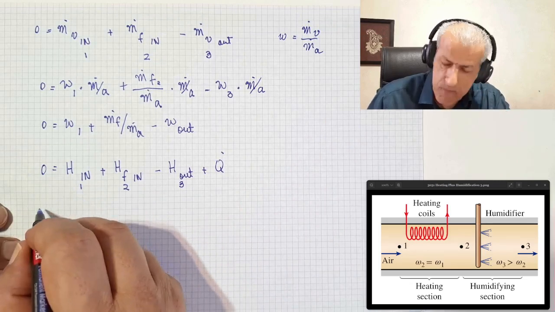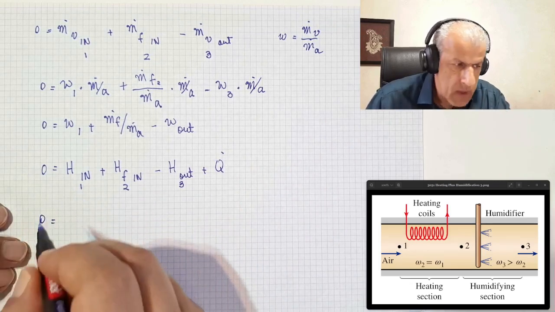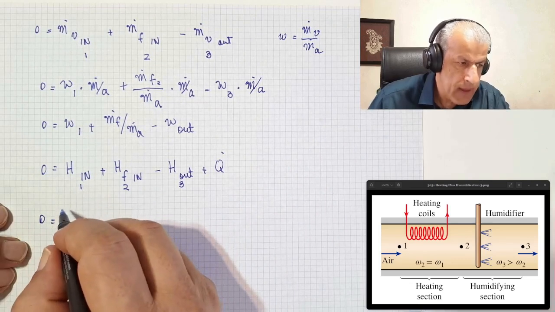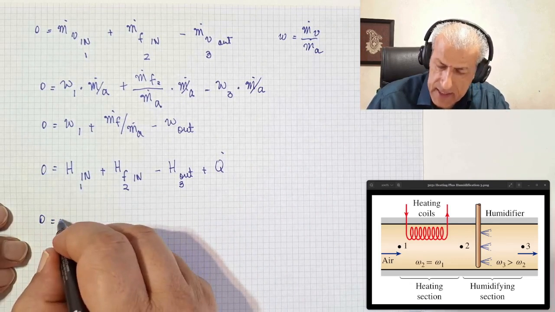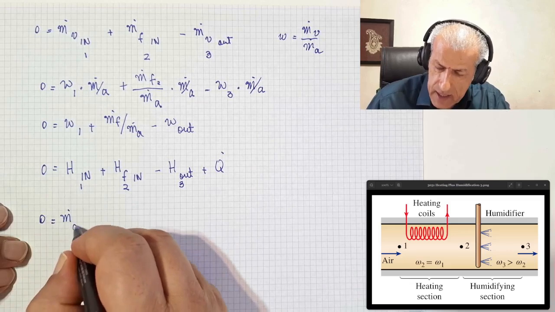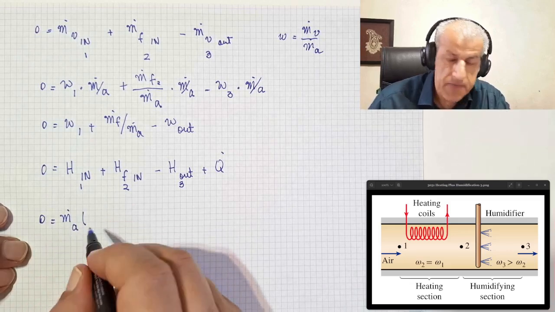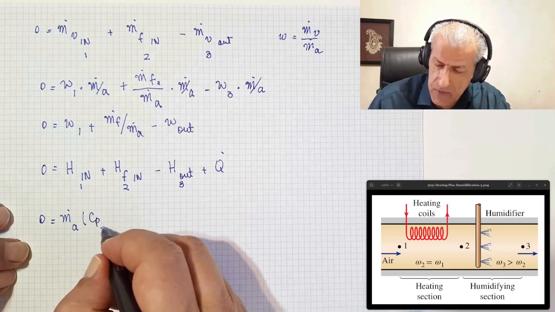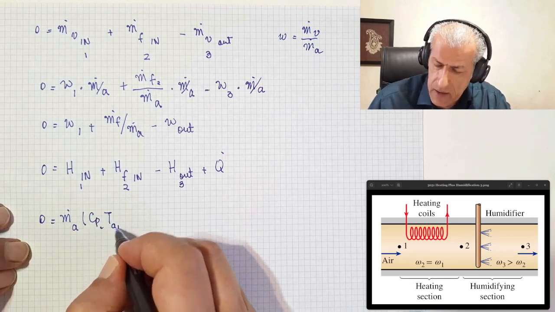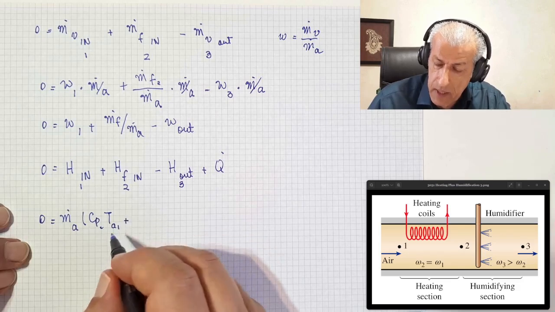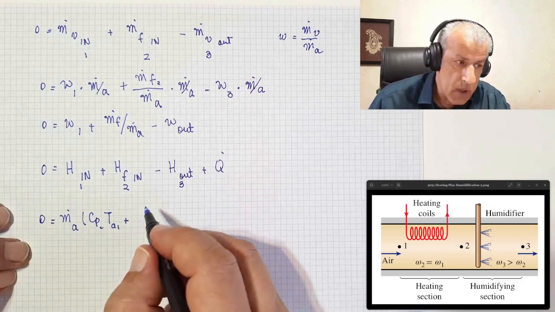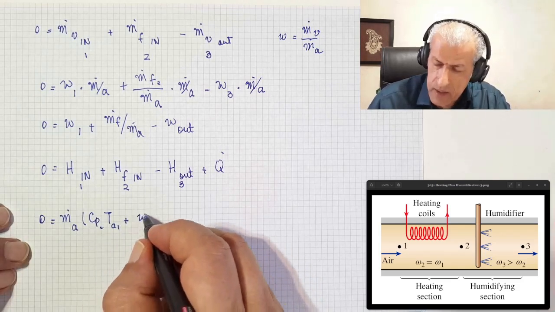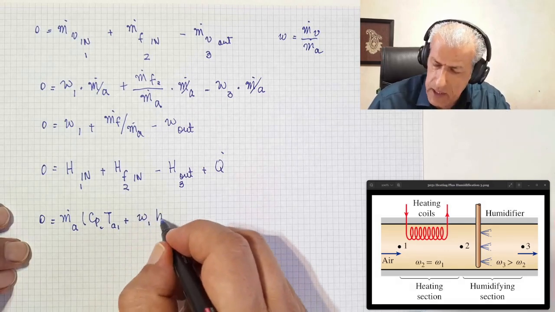0 equals m dot A times the air enthalpy, which is Cp0 Ta1, plus the enthalpy of water, which is W1 Hv1.